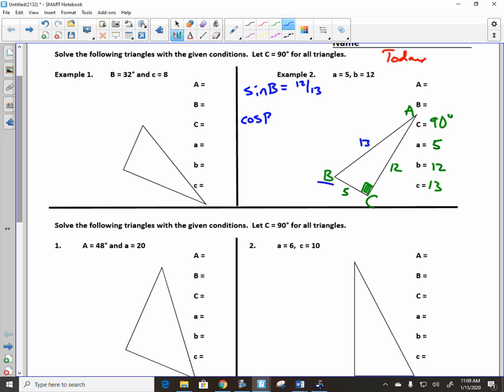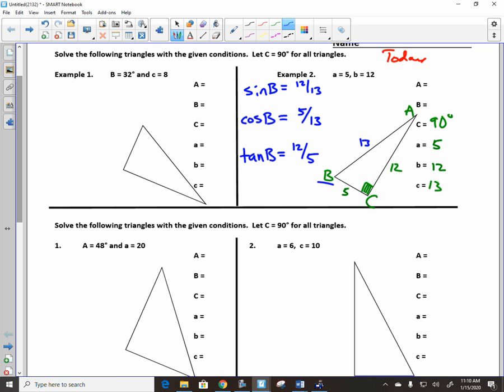The cosine of angle B is 5/13. The tangent of B is the opposite over the adjacent, which would be 12/5.